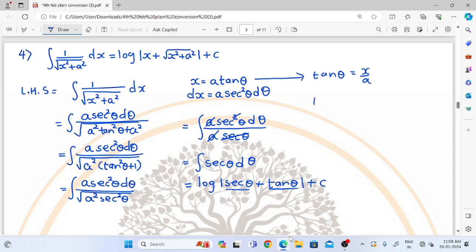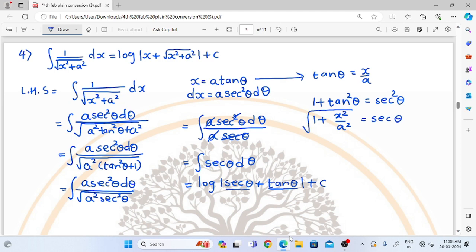So we have identity 1 plus tan square theta is equal to sec square theta. So we will substitute the value of tan theta here. So tan theta is nothing but x upon a, so tan square theta is nothing but x square upon a square. Okay. And we needed only sec theta. So if we take this square, this side will become root. Okay.